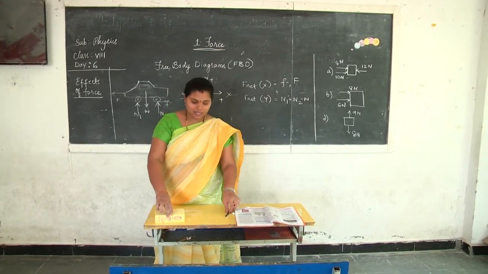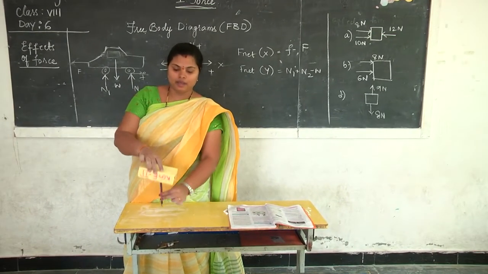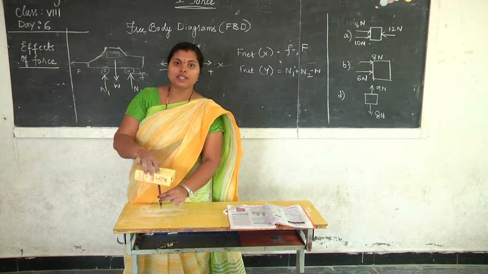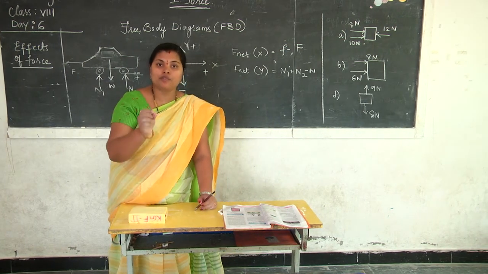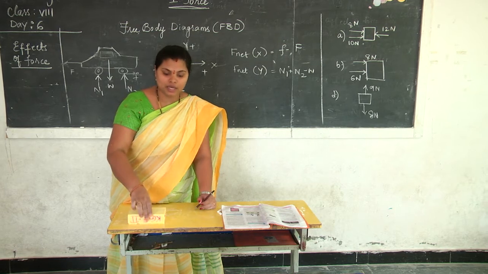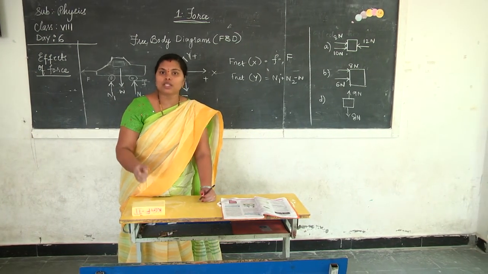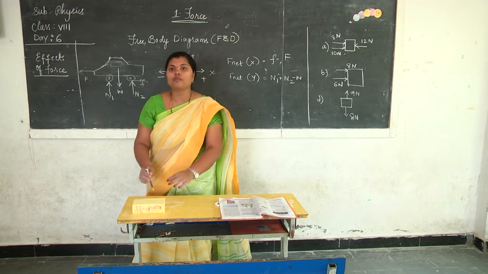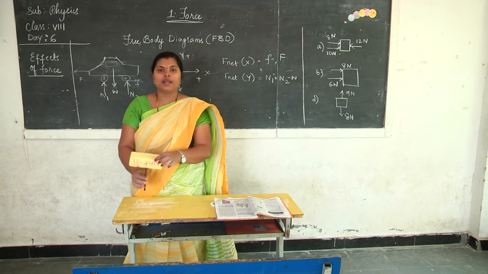Now if I take this object, its weight is acting downwards. When its weight is acting downwards, if a force is acting in downward direction, the duster should fall down, but it is not happening because it is balanced by the normal force which is acting in upward direction.